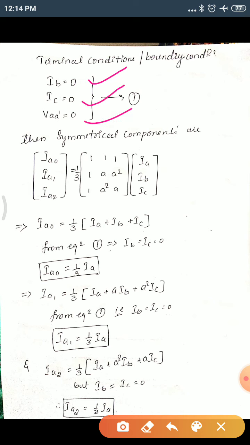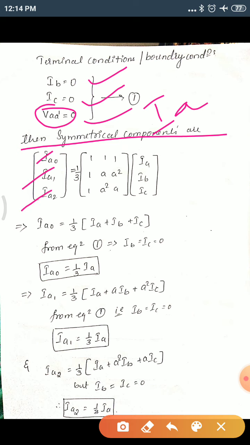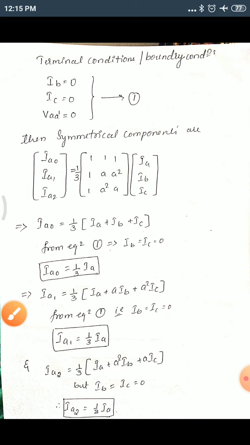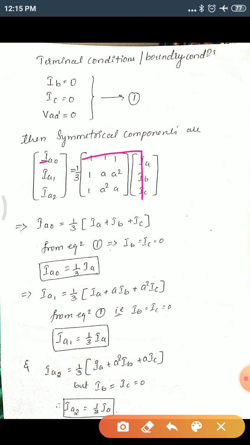Let's call this equation number 1. We are supposed to see VAA dash equal to 0, but there should be a current, and the current flowing through that we need to calculate. So that current has to be expressed in terms of symmetrical components. Therefore IA0, IA1, IA2 will be equal to 1/3 times the matrix [1 1 1; 1 a a squared; 1 a squared a] times IA, IB, IC. As we know, B and C values are 0. Therefore, expanding the same equation, IA0 is this row into this column.